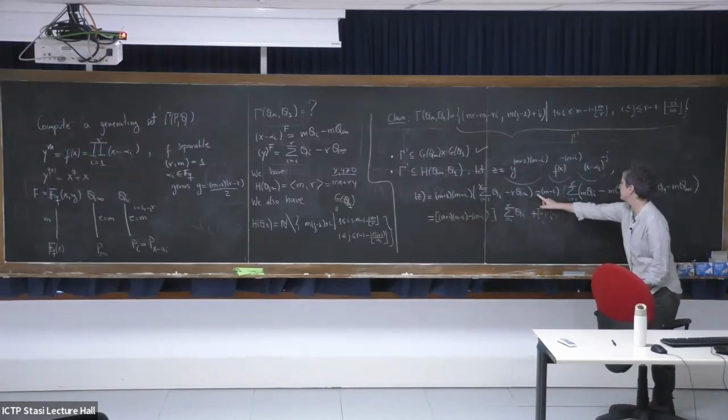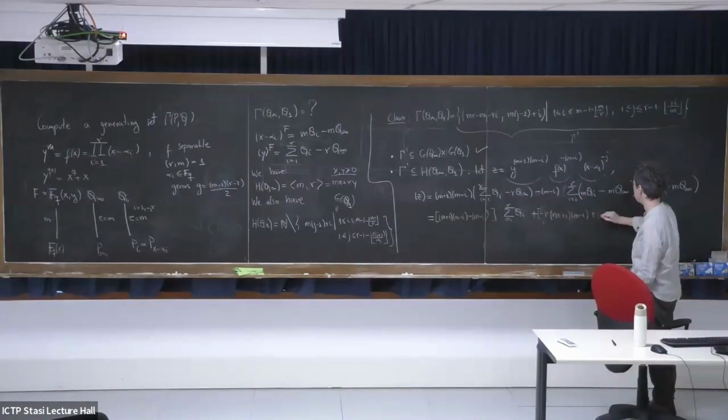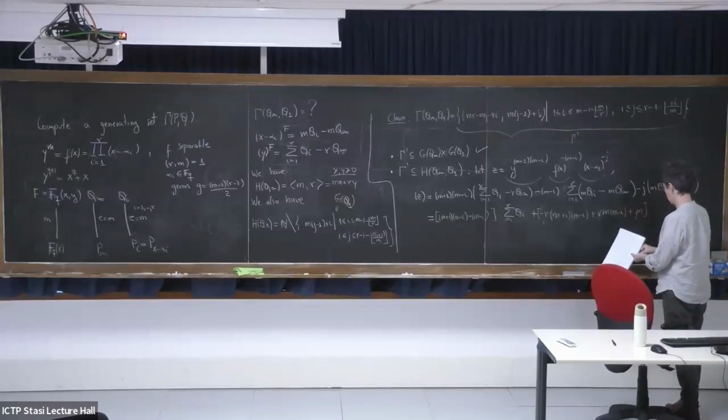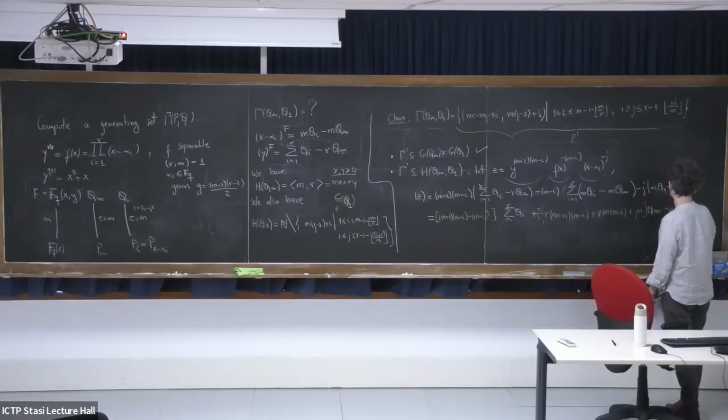And now we have this, minus with minus, so we have m, but we have r times, so r m minus 1. And we still have this guy, plus jm q infinite. Okay, and now we have this guy alone, q1.